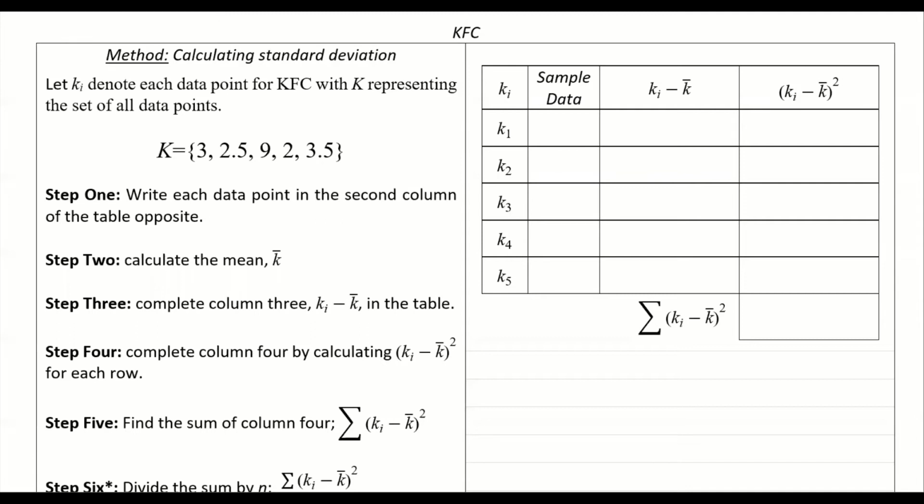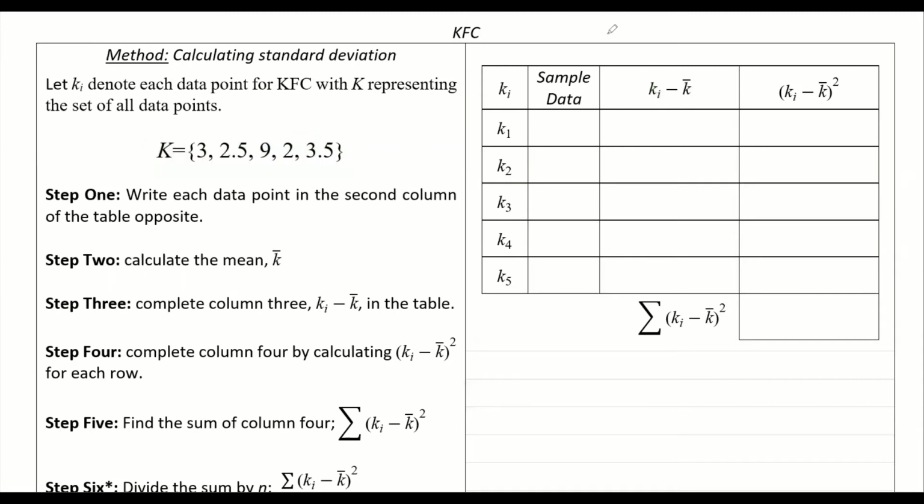Just to give you a little bit of a start, I've put the KFC data here. I've called the data K. That means that over in the table on the right hand side, the data points have the lowercase k in there as well. And I've just written you a little step-by-step guide of how to calculate the standard deviation.